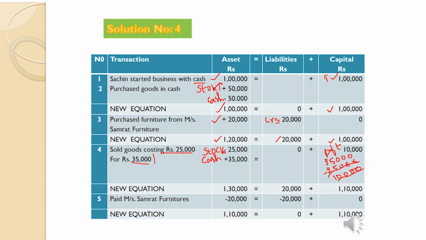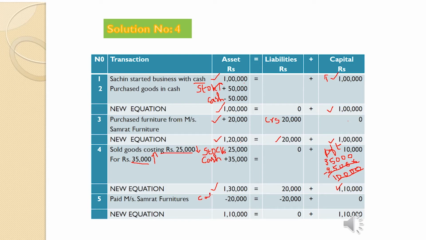So cash increase, stock value decrease, because the goods sold out of the business. Here the difference between these two is profit, so that profit is added with amount of capital. So 1,20,000 minus 25,000 plus 35,000 is equal to 1,30,000. Here 20,000 is the liability value. 1 lakh plus 10,000 is equal to 1,10,000.